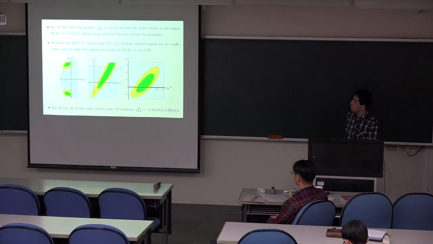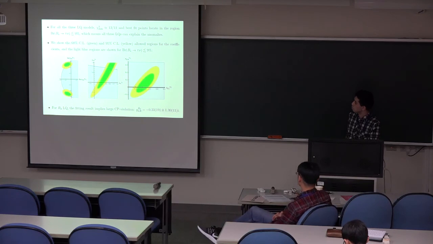We can see that for all the three models, it still fits the data well, which means they can be used to explain the RD star anomalies without predicting other anomalies.